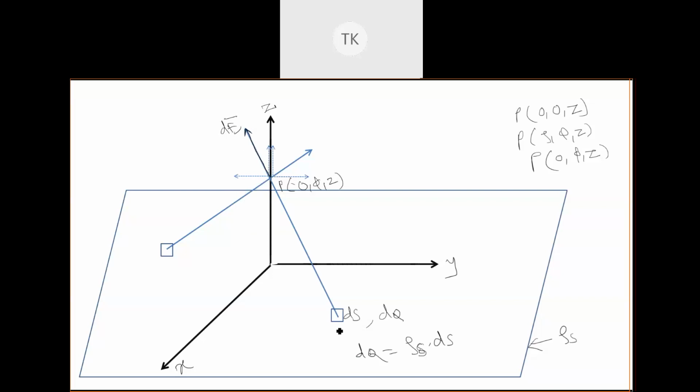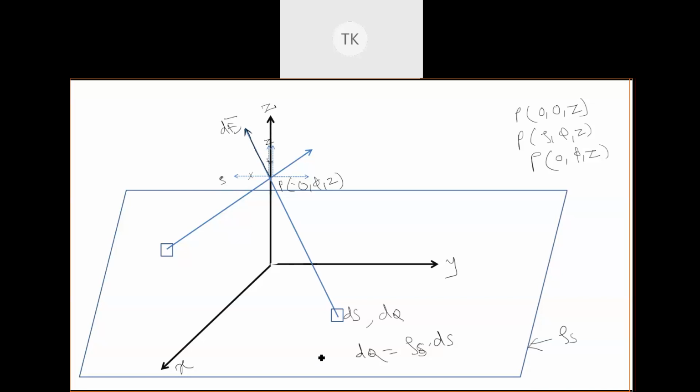And what will be the direction of that differential electric field intensity? That will be denoted by this vector. If you consider the components of dE in the vertical and horizontal directions, there are two components: this is in the direction of z, and this will be in the direction of rho.